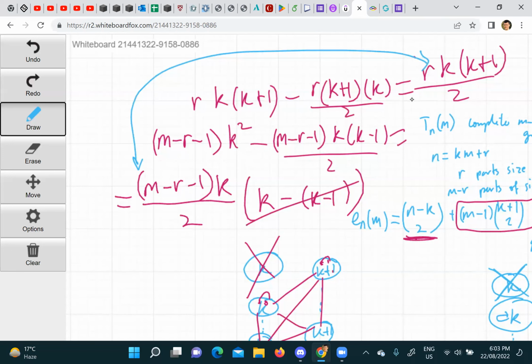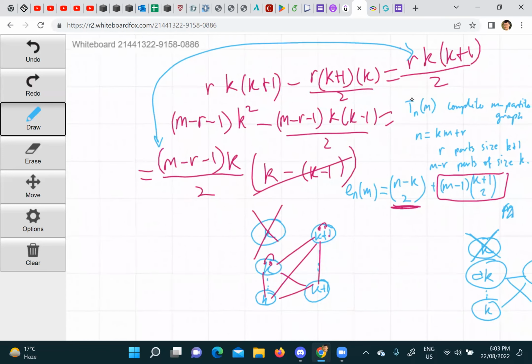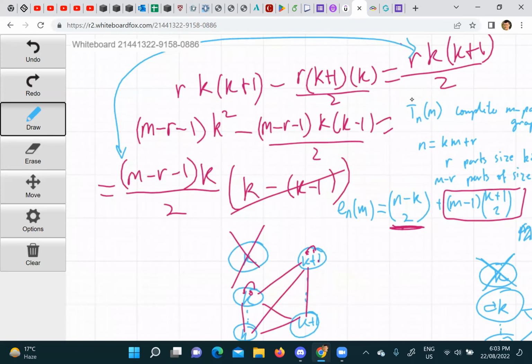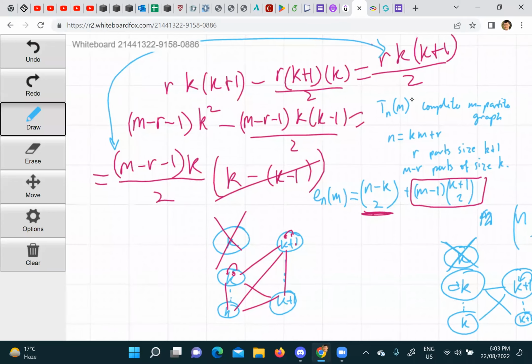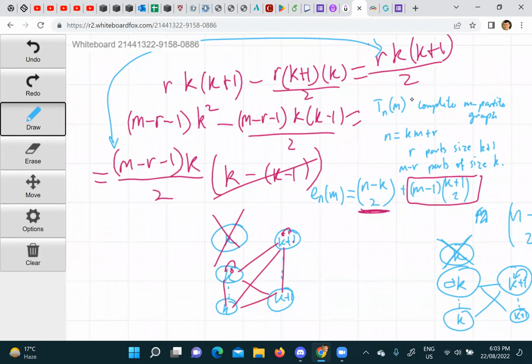Did I miss something here? There should be a k plus 1 here. Oh yeah, this is a 2, because I put a half. This didn't have a half, so it needs to be multiplied by 2. So this is k plus 1.